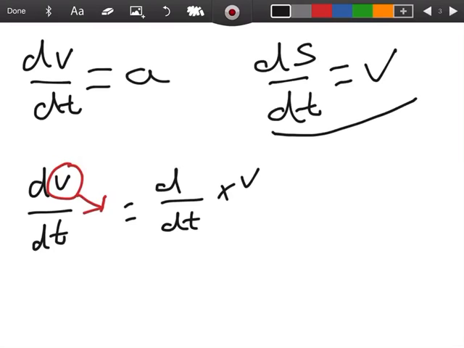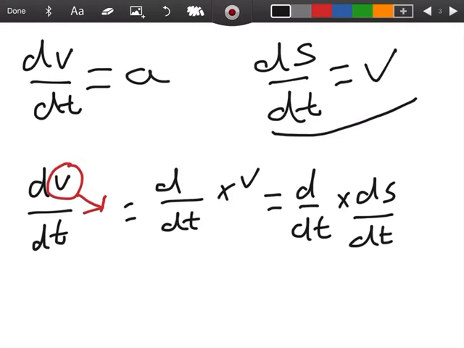So we can just replace v with ds by dt, which equals d over dt times by ds over dt. Right? And then that will give you d squared s over dt squared. Right, you've learned your first thing in physics. Congratulations. Oh, we're halfway there. Not really, but don't worry, it's not that bad. Anyway, so this is just something I need to get out of the way first.